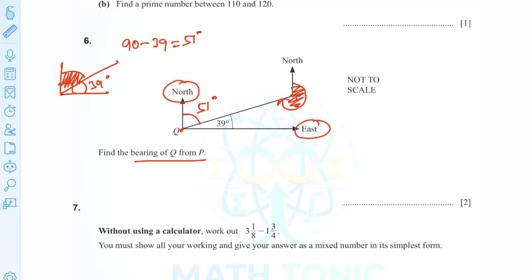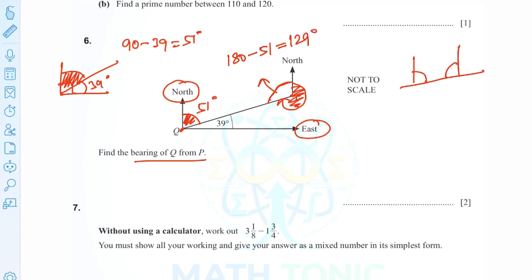Did you get it? And all of us know that if two lines are parallel and there is a transversal, angles on the same side add up to 180. That means if this angle is 51, we can find this angle easily, because these are called allied angles, or we can say these two angles add up to 180. So it is 180 minus 51, which gives 129.